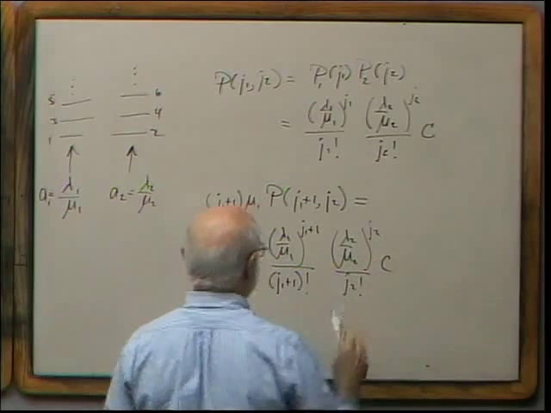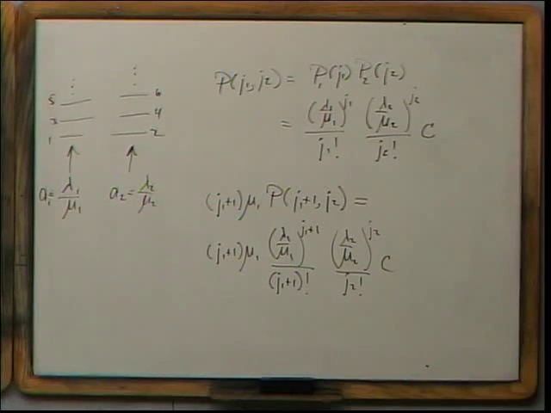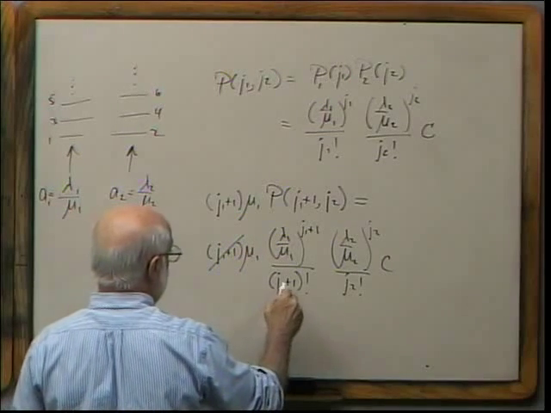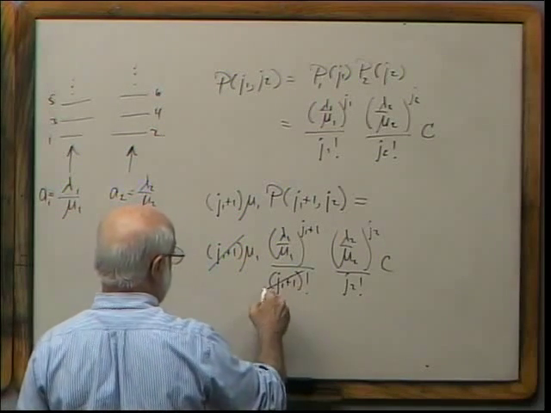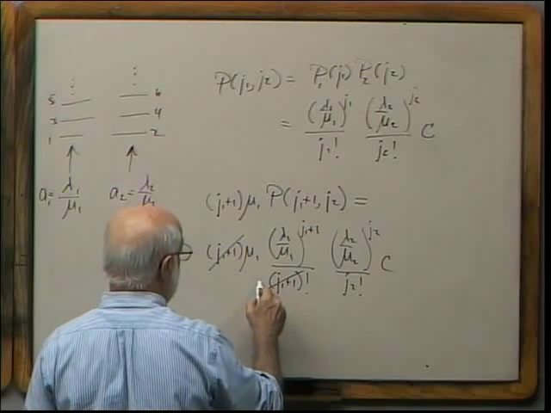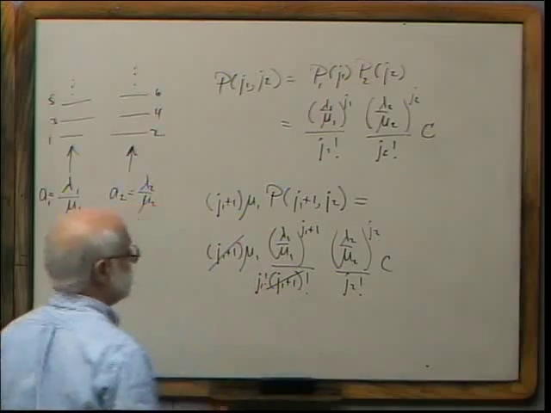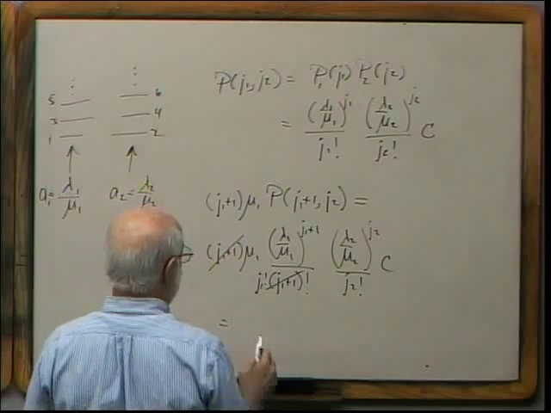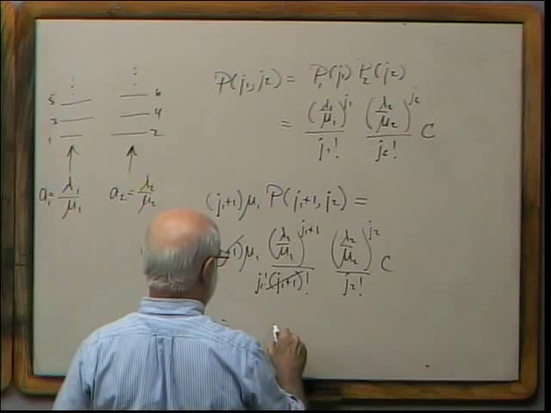And now I'm going to cancel out the J1 plus 1 with the J1 plus 1 factorial, making that a J1 factorial. So what's left? In the denominator here, I have J1 factorial.